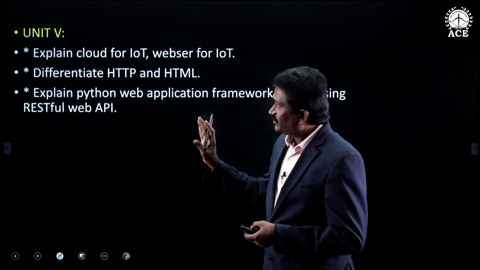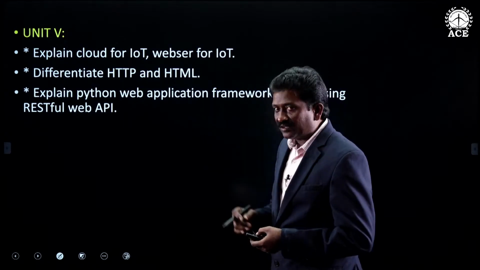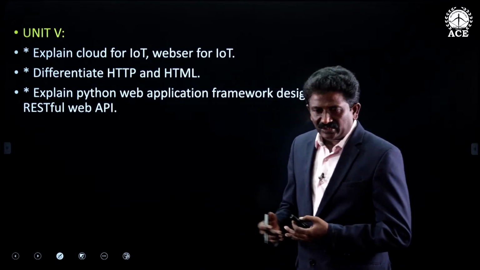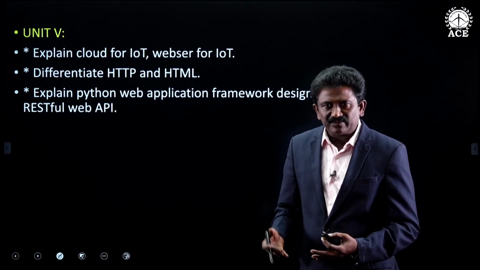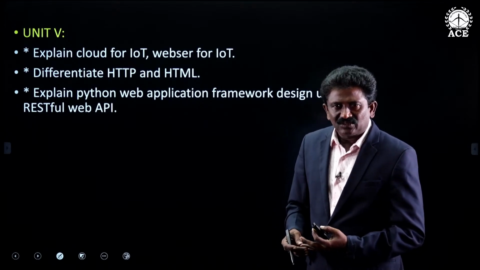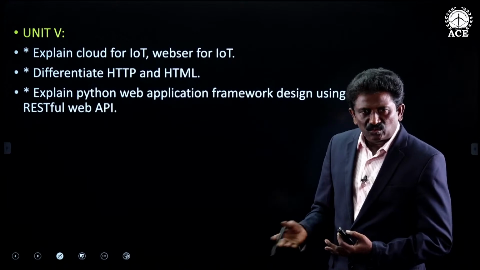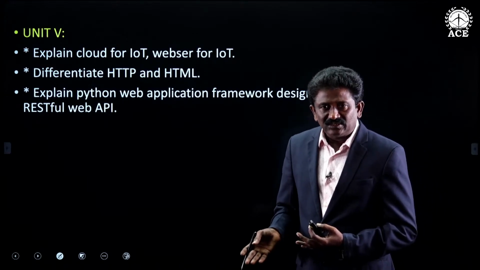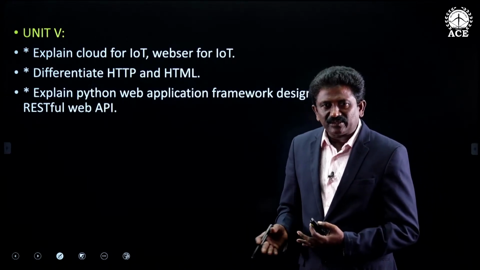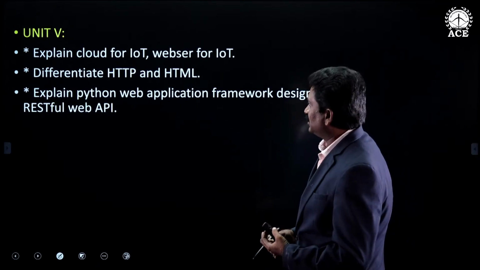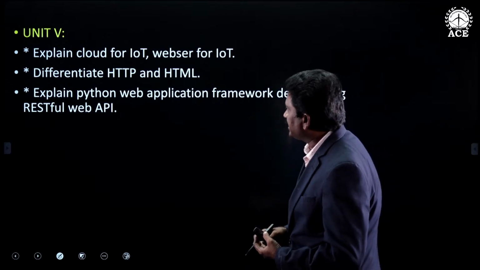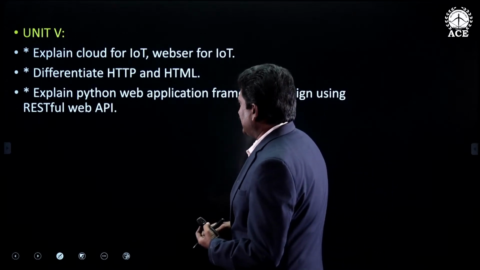With the help of the cloud and web server you can create a communication link between the system and cloud. For this we need the help of protocols, such as HTTP and HTML. There is a chance to ask a second question on HTTP and HTML.